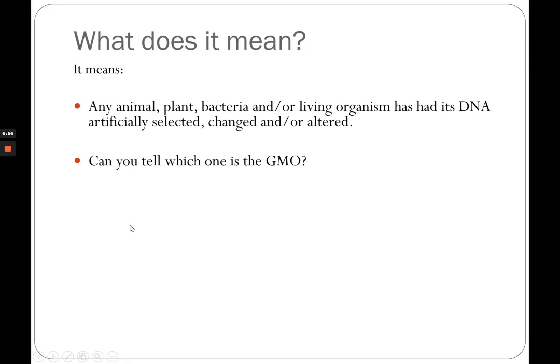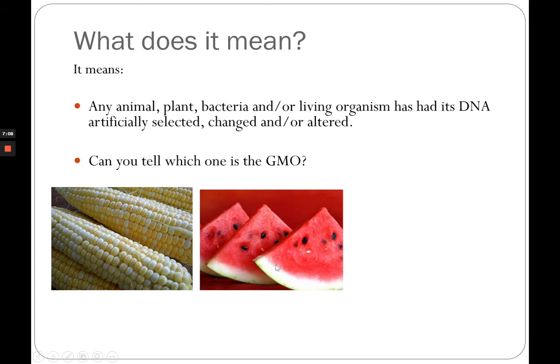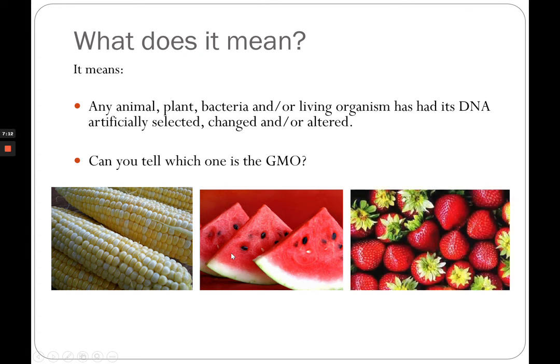So here's a little test for you. Can you tell which one of these is a GMO? We have some nice looking corn. We have some watermelon. And we have some strawberries. Which one is the GMO? Have you made a decision?